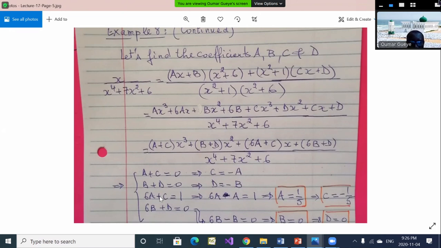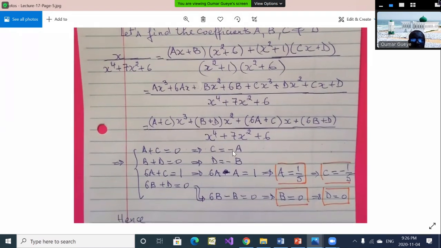And in the third equation I'm going to substitute c by its value in terms of a. You can see here what I did is take this c and substitute it in the third equation. When you substitute c by its value, it becomes 6a minus a because c equals negative a.